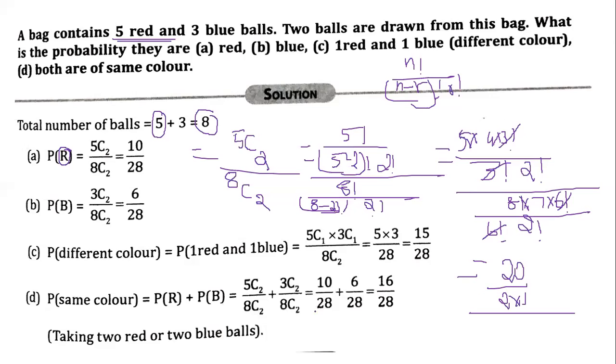So 56 divided by 2 into 1. So 2 ones are 2, 2 twos are 4, 2 eights are 16, again 2 ones are 2, 2 tens are 20. So therefore you get 10 by 28. Understood? That is how you get 10 by 28, not directly like this.